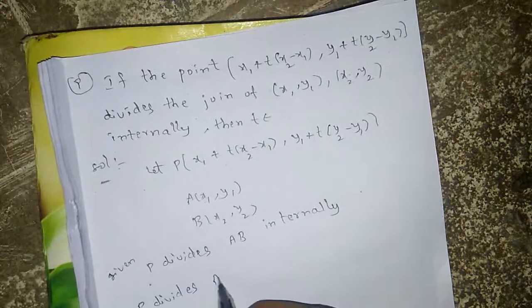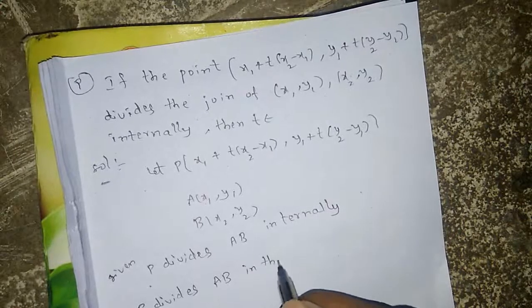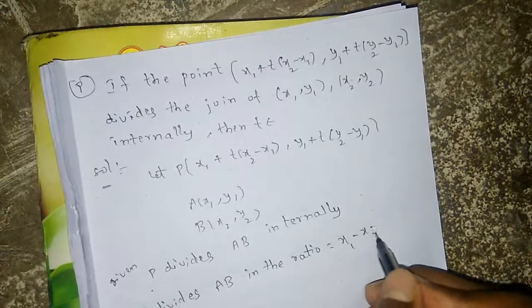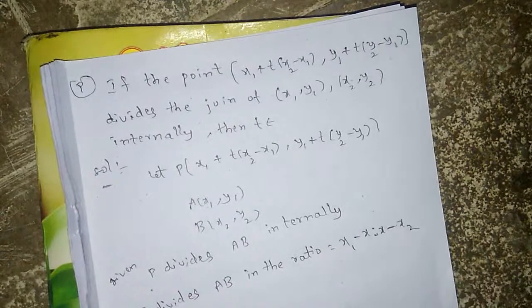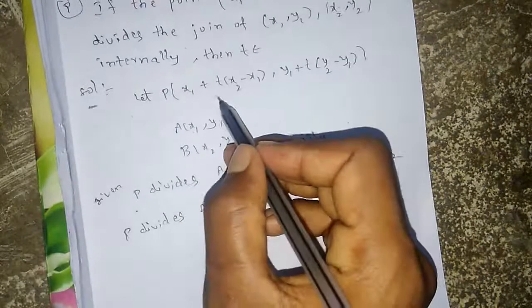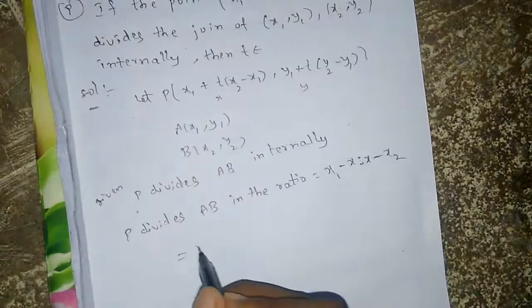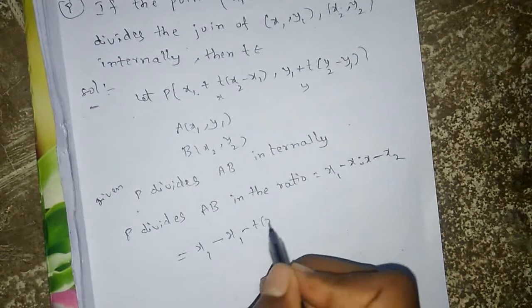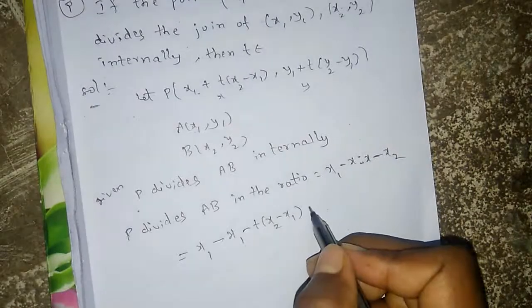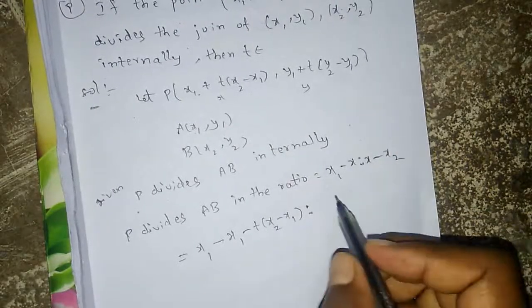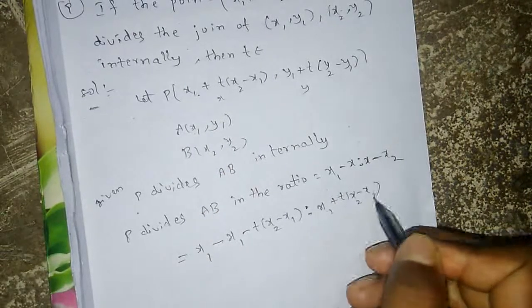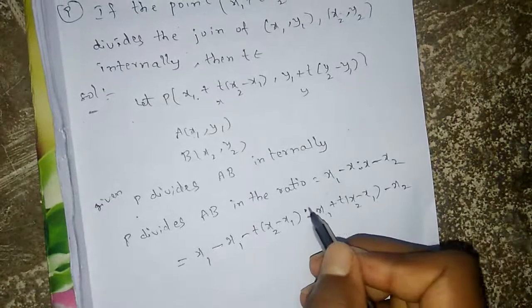Now P divides AB in the ratio. So what is the formula? (x1 - x) is to (x - x2), where (x, y) are the coordinates of P. So that is x1 minus, in place of x substitute this, x1 - t(x2 - x1) is to x - x2, which means x1 + t(x2 - x1) - x2, that is the ratio.